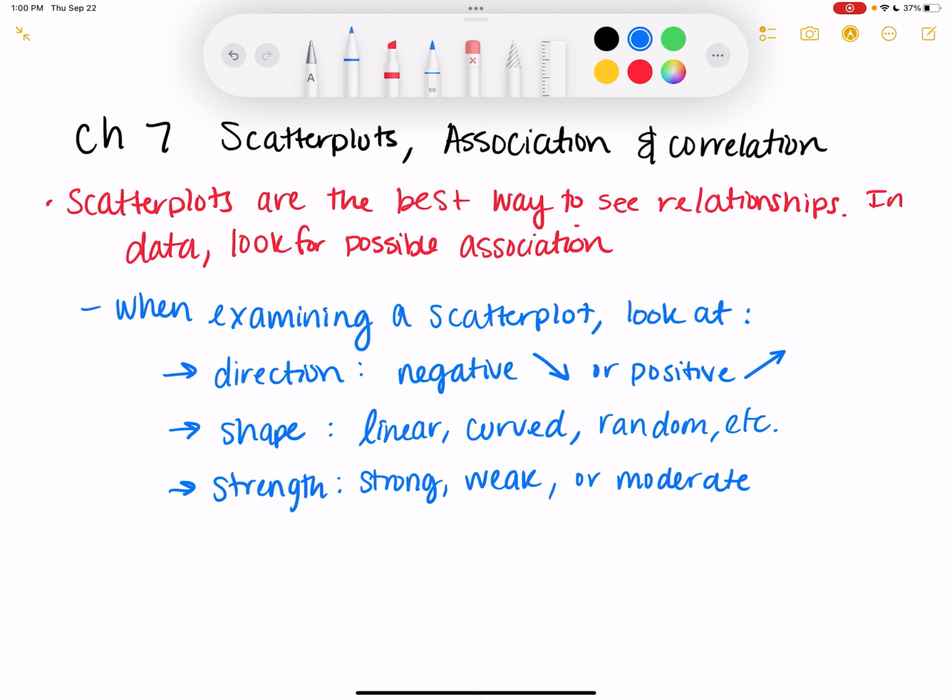And then the strength. We want to talk about if it's strong, weak, or moderate.